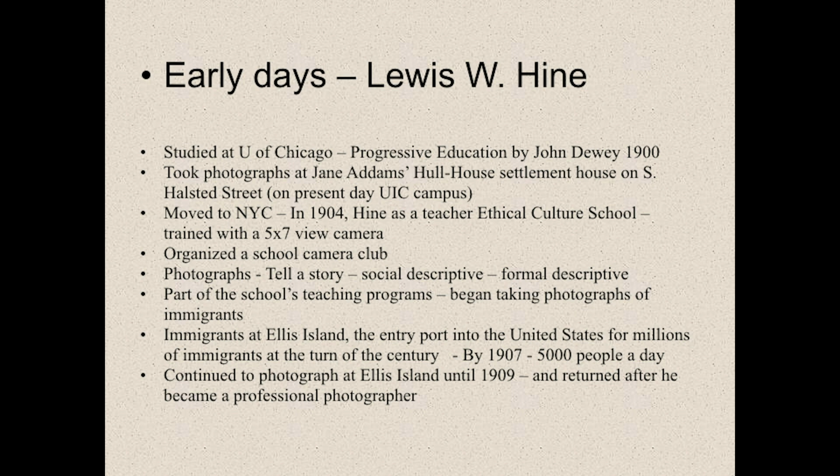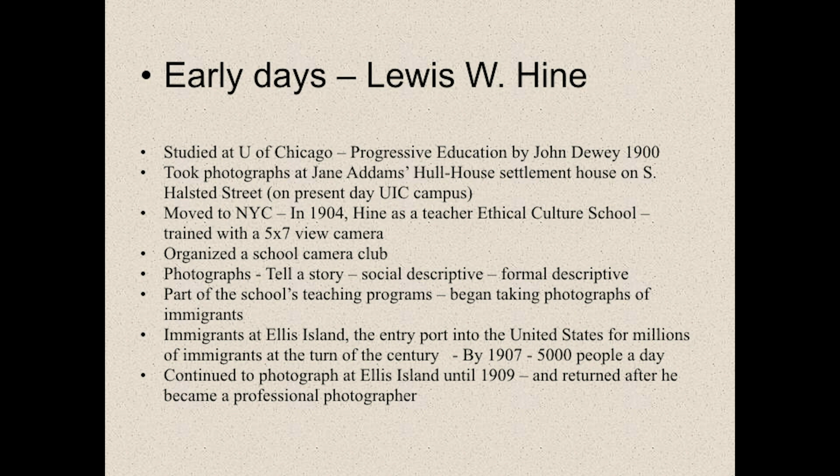As part of the school's teaching program, he began to take pictures of immigrants. So immigrants at Ellis Island, the entry port into the United States for millions of immigrants at the turn of the century. By 1907, 5,000 people were coming in a day, and he continued to photograph at Ellis Island until 1909 and returned after he became a professional photographer.